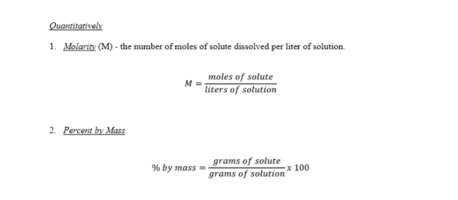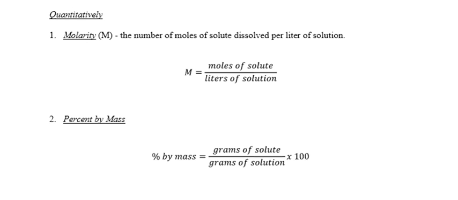So instead, we have a quantitative way of measuring out a solution. And this is where the math of this chapter comes in. The most important one we're going to look at is molarity. It has the symbol capital M, and it's the number of moles of solute dissolved per liter of solution.